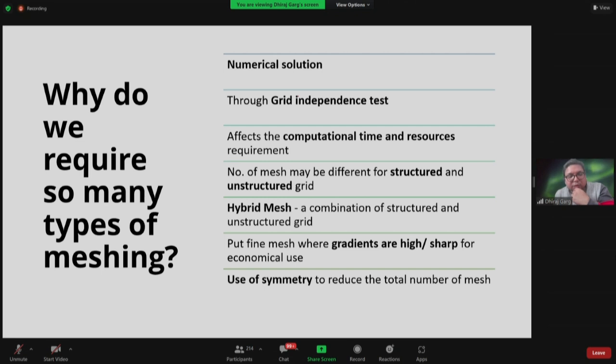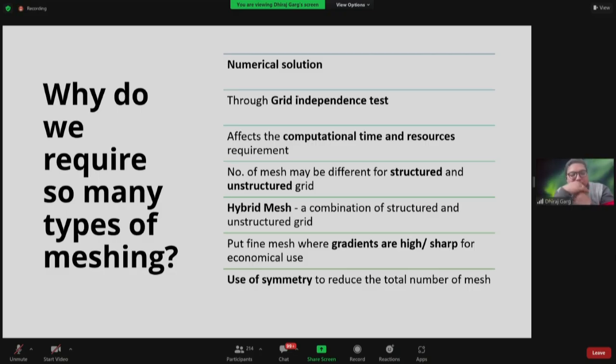That means if you increase the number by twice, the computational time will increase by 2 to the power 3, that is 8 times. So if you are increasing the number in each direction by twice, that means you are increasing the number of mesh by 8 times. The overall time will increase by 8 into 8 times, which is 64 times.